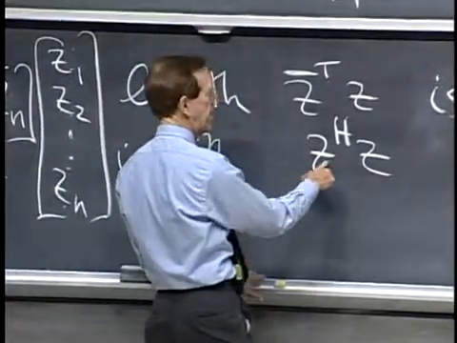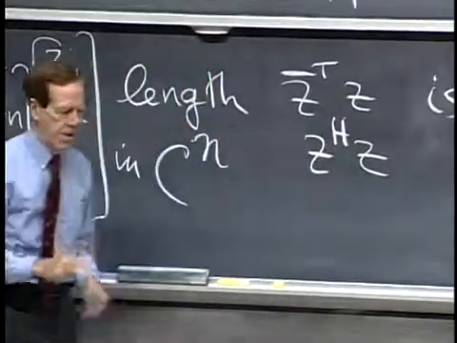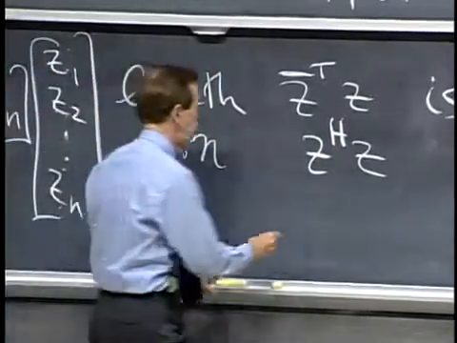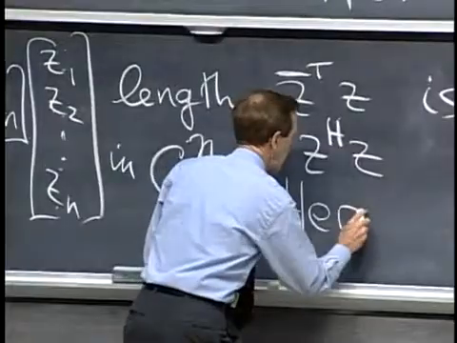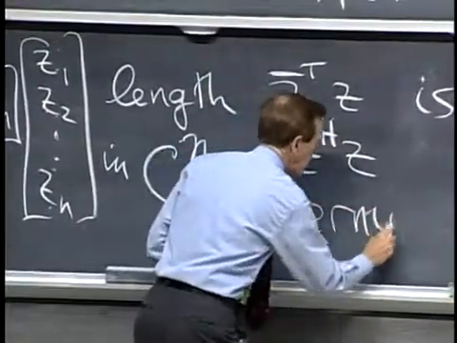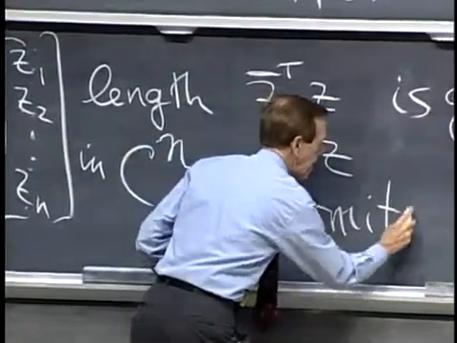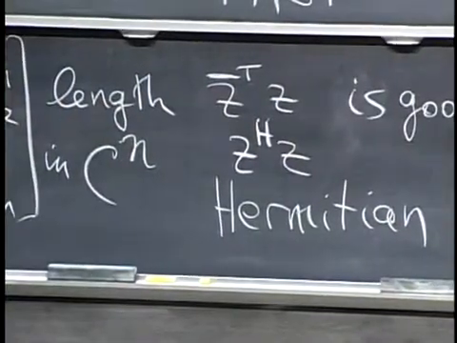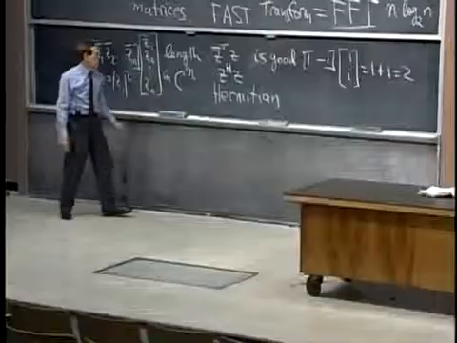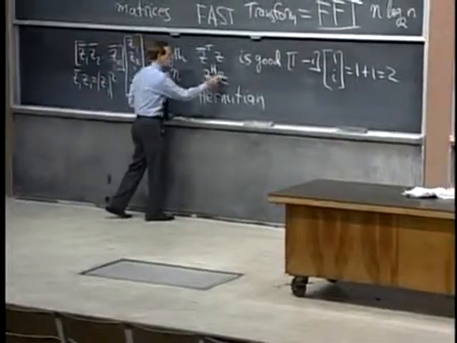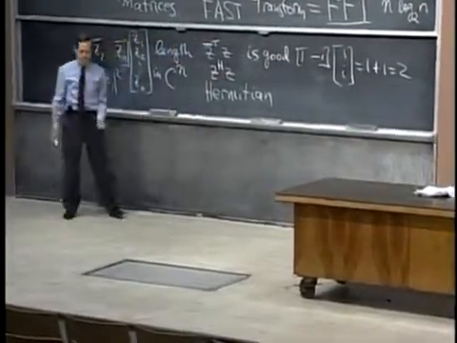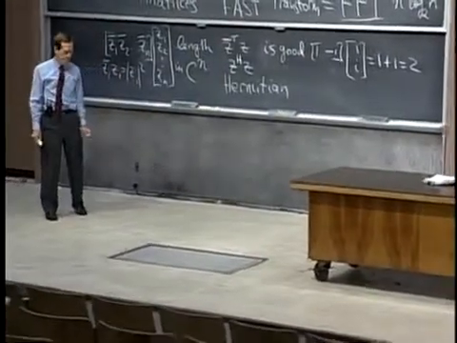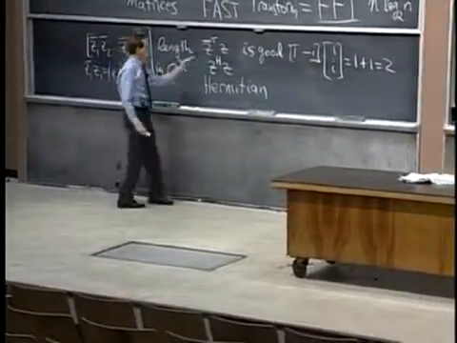So I would call that Z Hermitian Z. Now, let me write that word. So his name was Hermite, and then we make it into an adjective, Hermitian. So Z Hermitian Z, ZHZ. Okay.